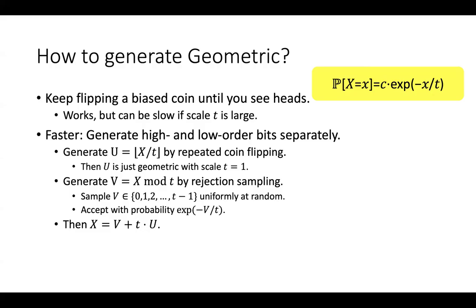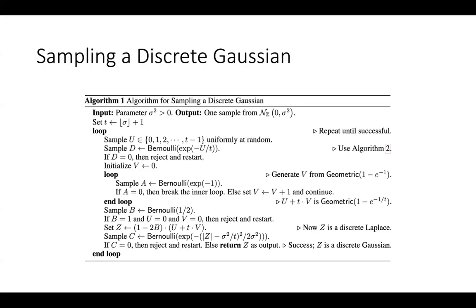And that's our algorithm for generating a geometric random variable with constant time complexity, effectively. As I stated it, the algorithm works for integer t. It can be extended to non-integer t too. Okay, so I've now given you 3 different reductions, and that's what this algorithm is doing.